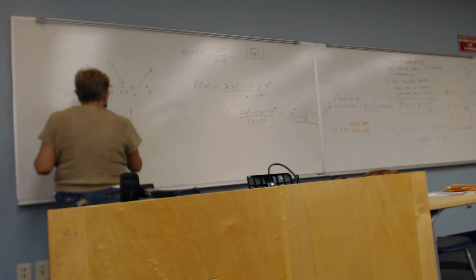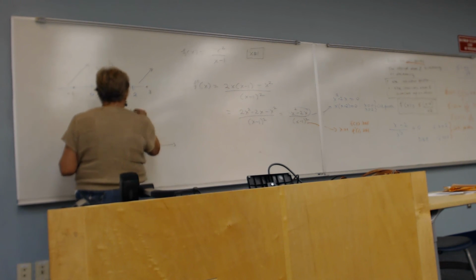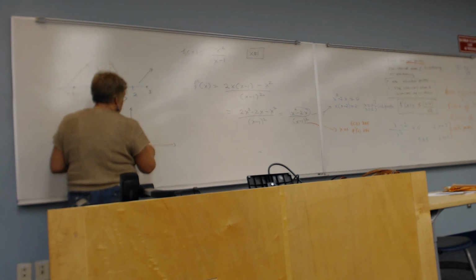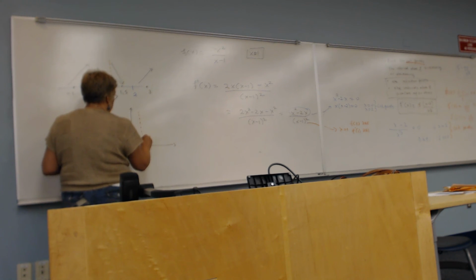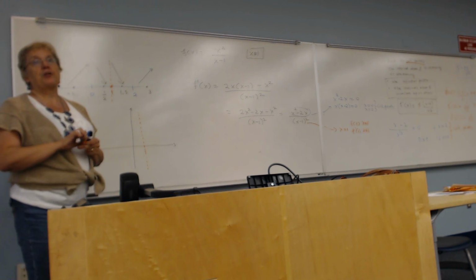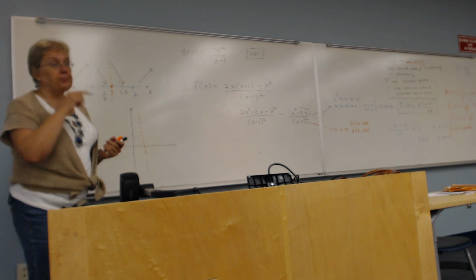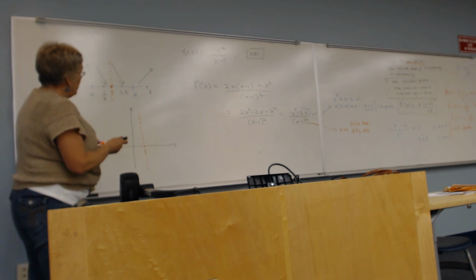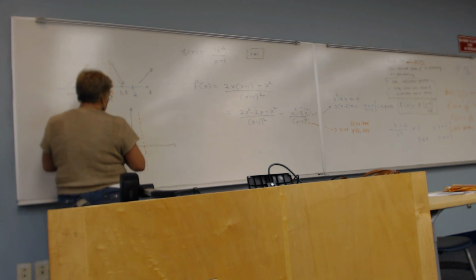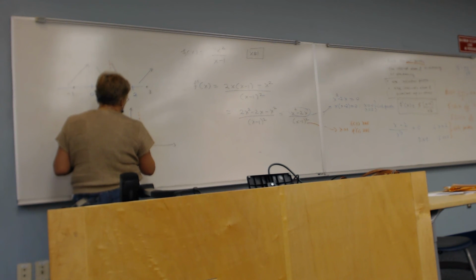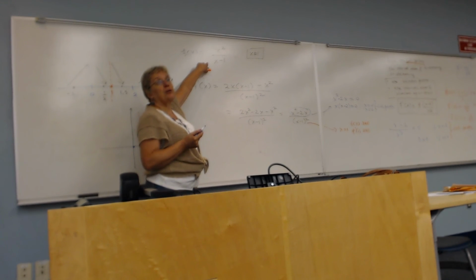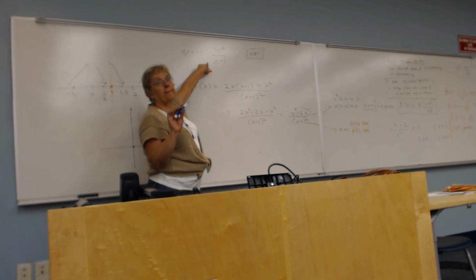So let's see how the story goes. Remember that at 1 we have an asymptote, because the function goes to infinity near 1. Now, the point 0 is a critical point, and the value of the function at 0 is 0.